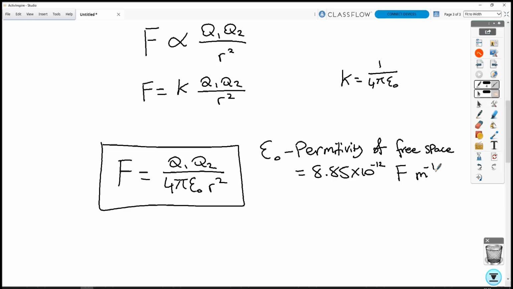Essentially, it's always the same. The permittivity of free space, yes, it's a constant.